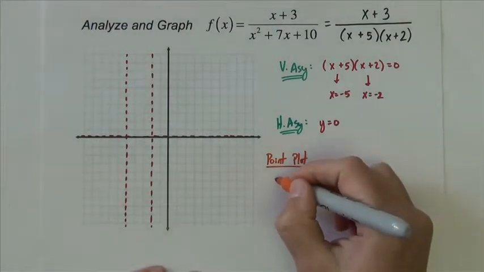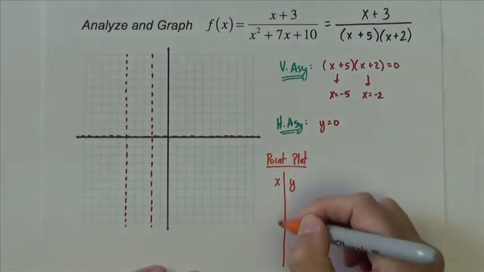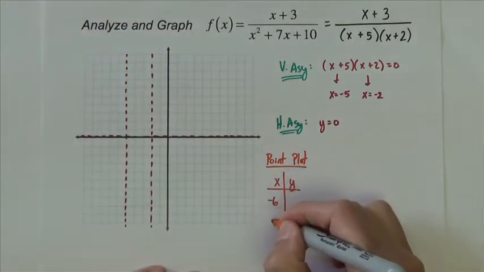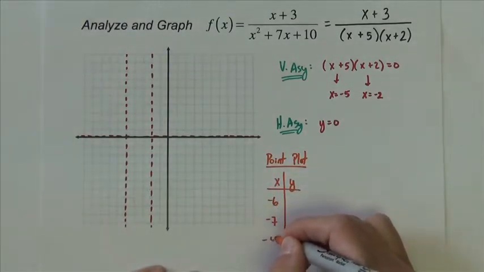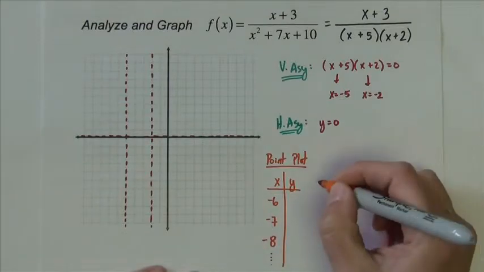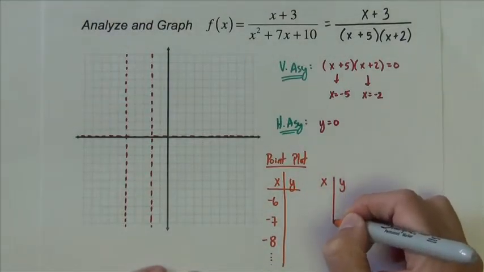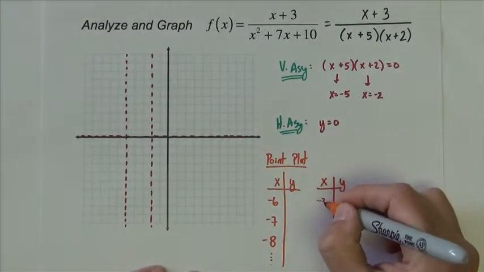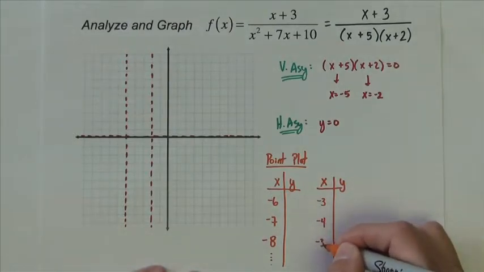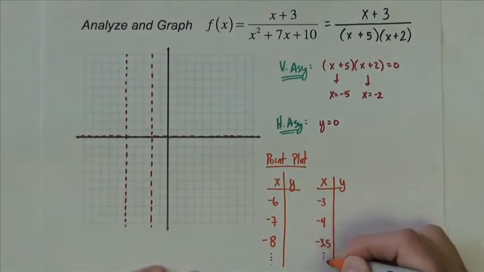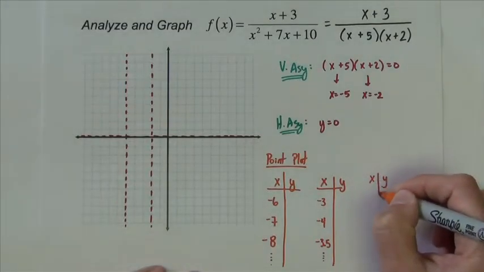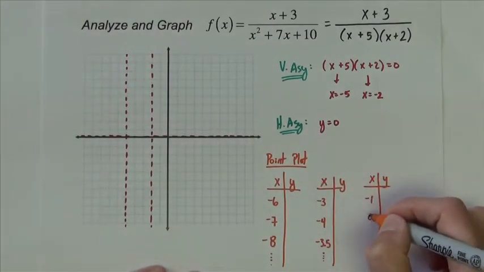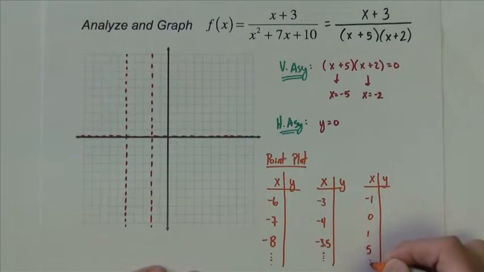Well, I need a table of values for the numbers out here on the x-axis that are left of -5, say -6, -7, -8, etc. I need a table of values for the numbers between the two asymptotes, so that would be maybe -3, -4, maybe -3.5, etc. And I also need a table of values for the numbers that are bigger than -2, like -1, 0, 1, maybe I skip out and get 5, etc.